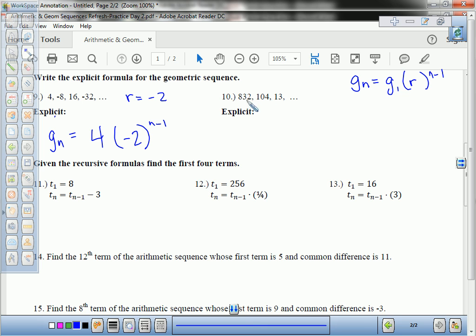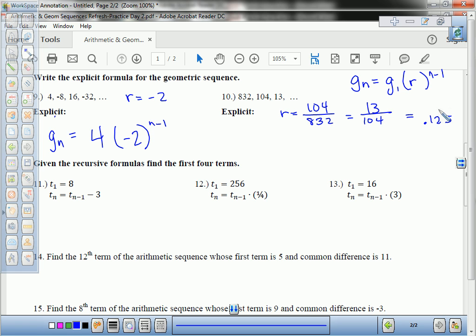All right, now this one, you may not be able to look at it and tell. So to find that, r is equal to, you can pick any term and divide by the term before it. So whether we do 104 divided by 832 or 13 divided by 104, either way we get 0.125.